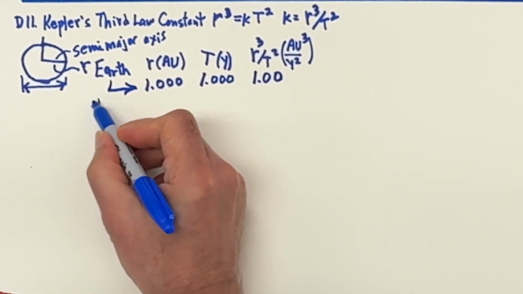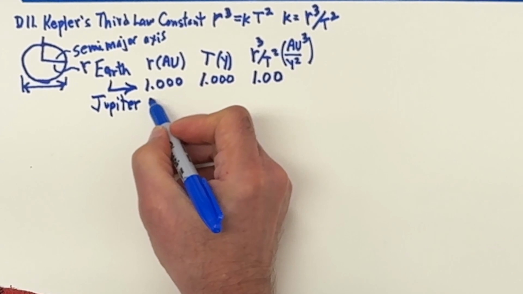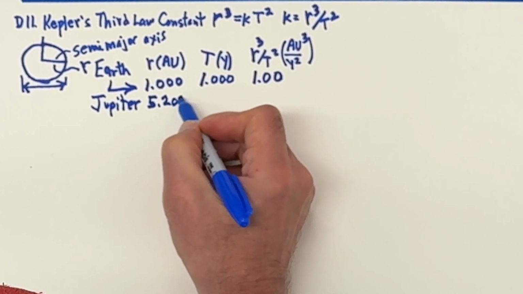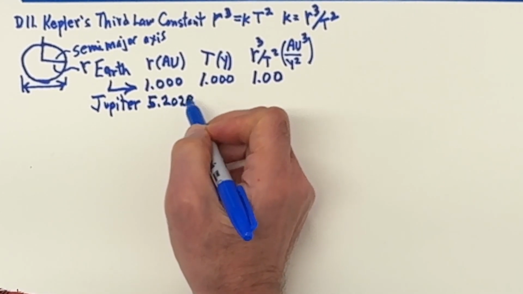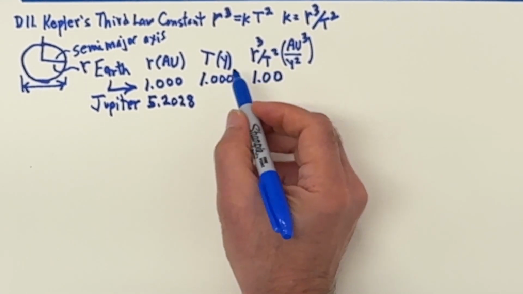Now let's look at Jupiter. Jupiter has a distance r. It's going to be 5.2028. I like to keep more places and then round off at the end to 3 significant figures.